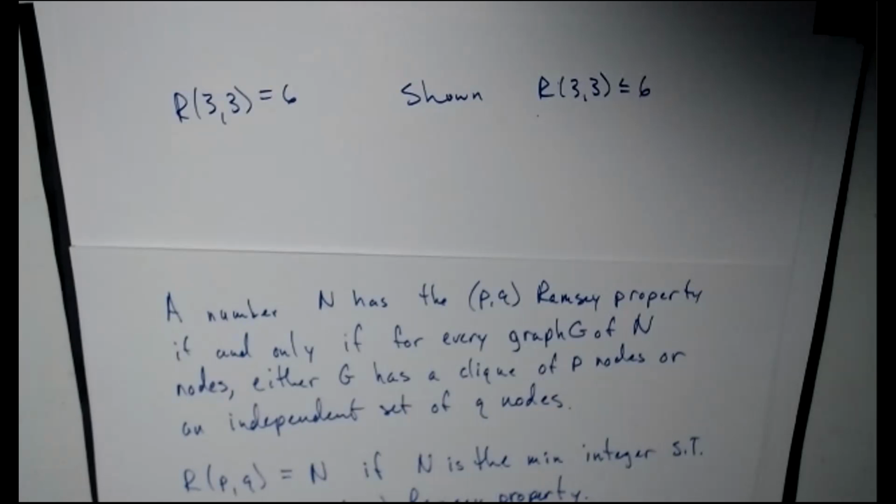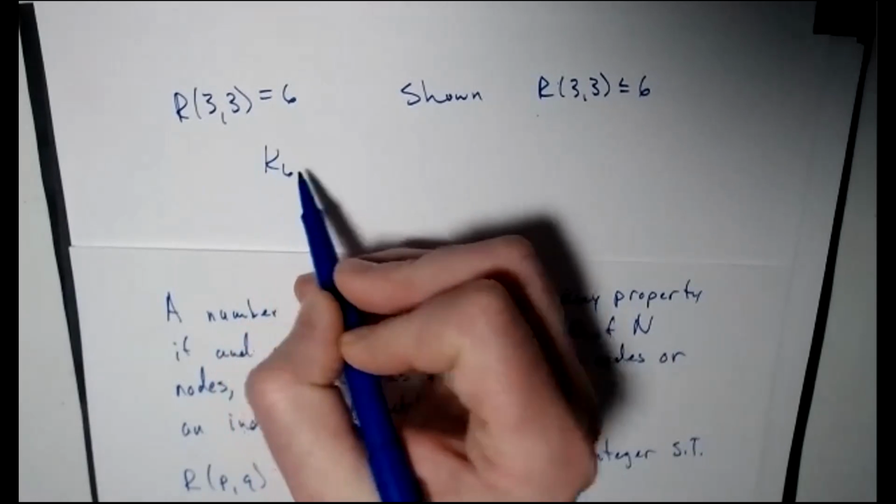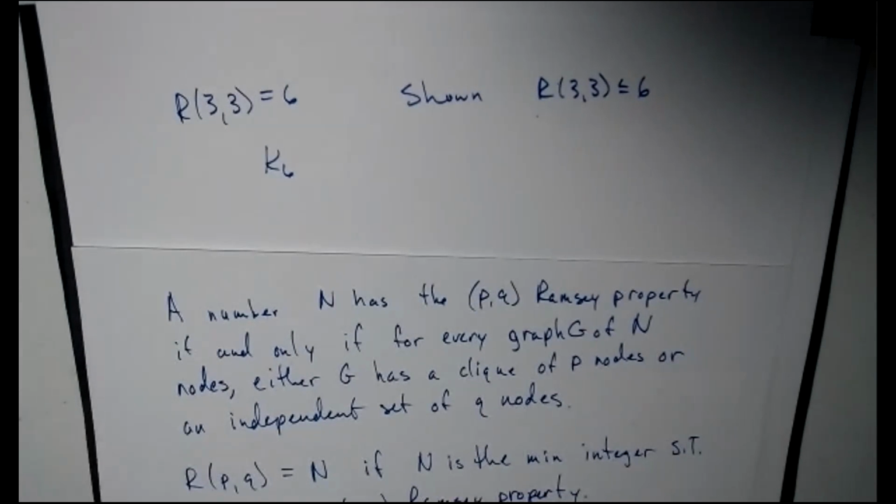The other one that is kind of interesting is that if we do an edge coloring, any edge coloring of K6 will have either 3 red edges or 3 blue edges, assuming those are the 2 colors you use, of course.